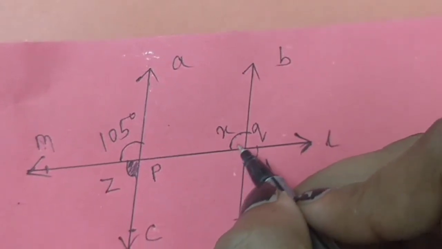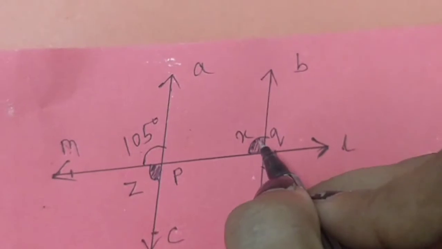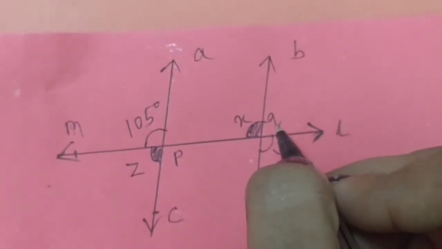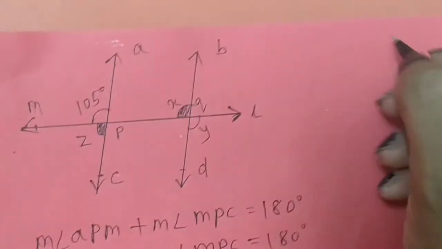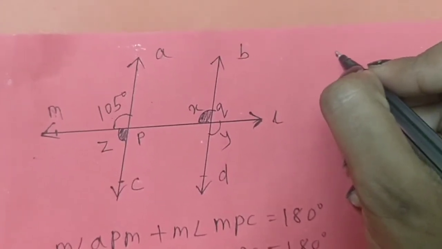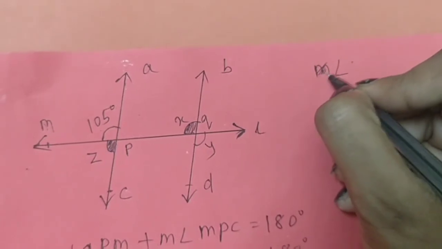Now will you be able to find this x? Yes, because these two are corresponding angles, right? And corresponding angles are congruent. So how will we write? Let's talk about angles first.